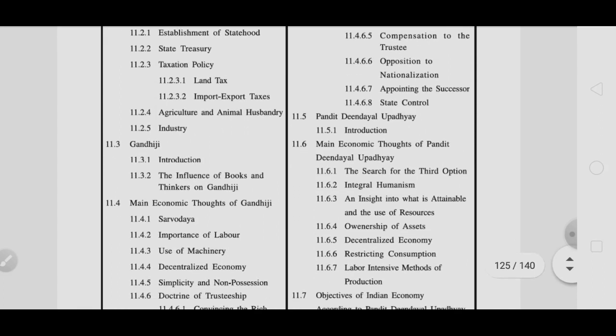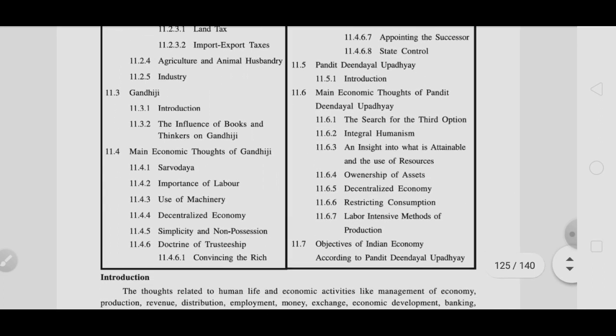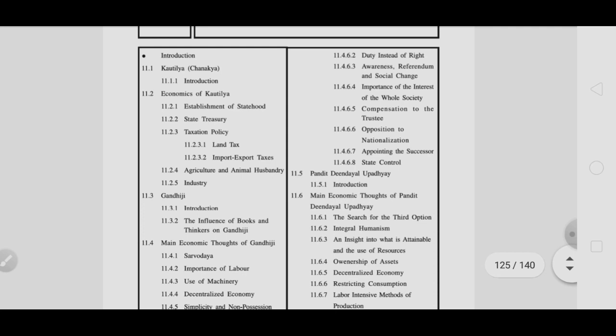Secondly, we will discuss Gandhiji: his introduction, the influence of different books and thinkers on Gandhiji, and his main economic thoughts. You will be surprised to know that Gandhiji was also an economist, and he gave some very important points in economic studies.